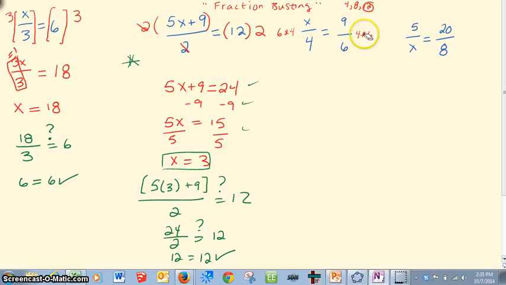So instead of multiplying by 24, I think I'd like to multiply by something that has 4 and 6 as factors. So I'm going to choose to multiply both the left and the right by 12. 12x fourths is equal to 108 sixths. And that's 3x is equal to 16.